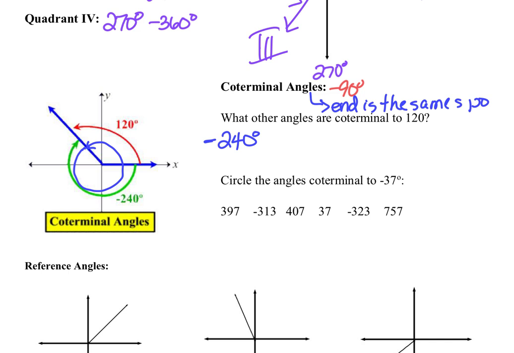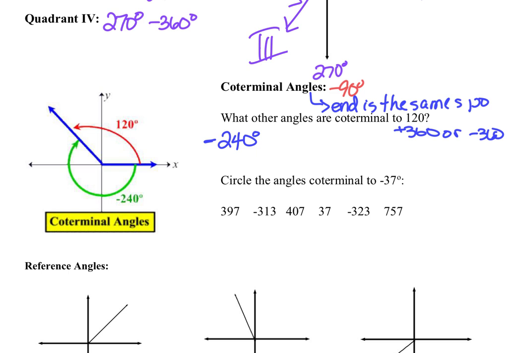So, not to be dramatic or anything, but there's an infinite number. And all that you have to do is either add 360 to the number or subtract 360 from the angle. And that will tell you all the angles that are coterminal.